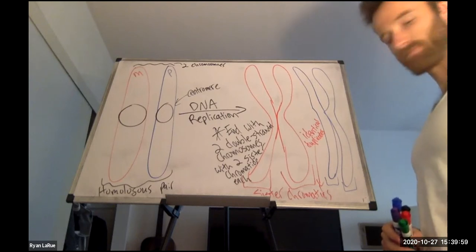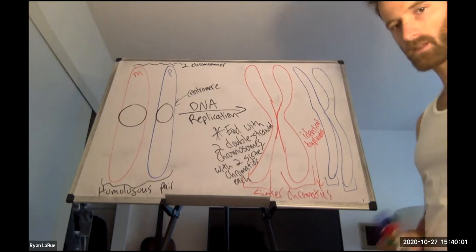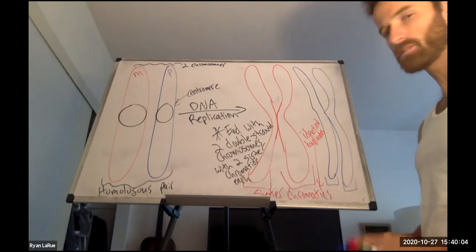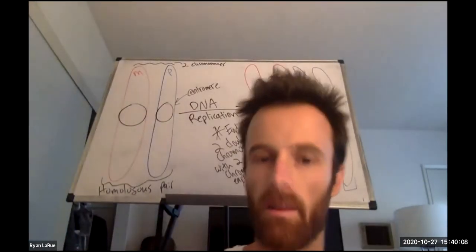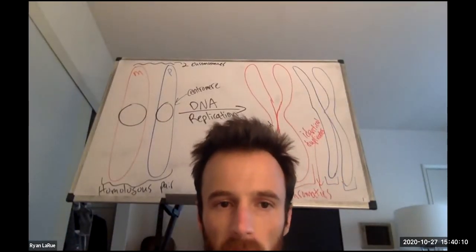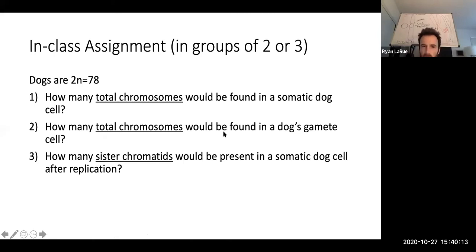Okay. Now let's practice this concept. Let's do a practice in-class assignment here, in groups of 2 or 3. Well, not really. If I tell you that the diploid number for dogs is 78, how many total chromosomes would be found in a somatic dog cell?